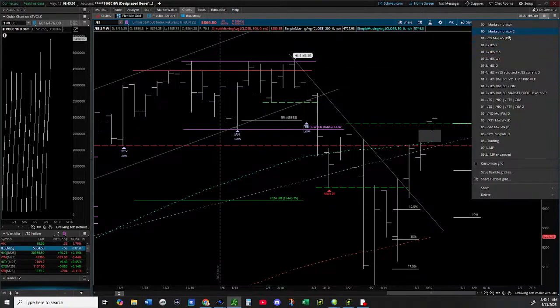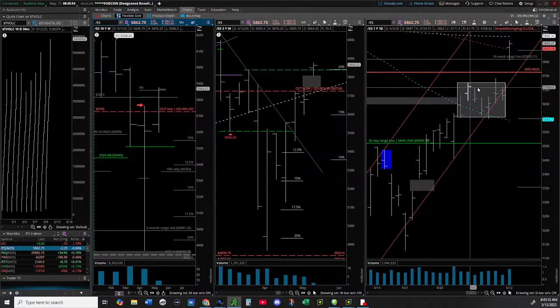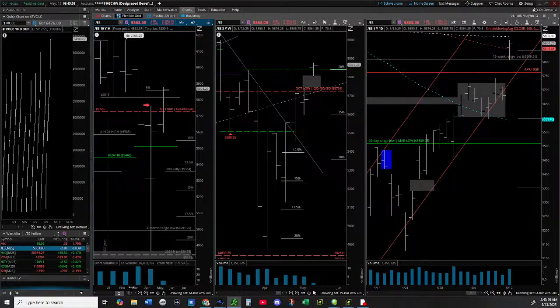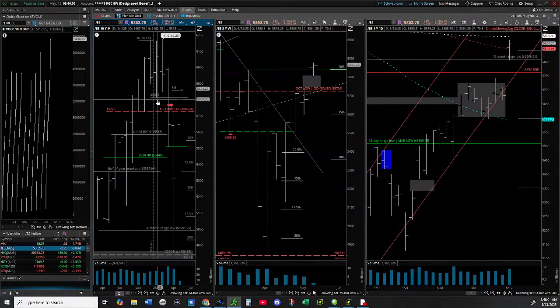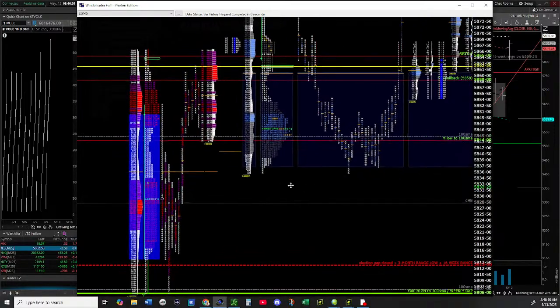So we have a gap here, have a range here that's leaving, coming inside this 3-month range, which puts this 58.13 as a reference. Those are my main references for today, right?